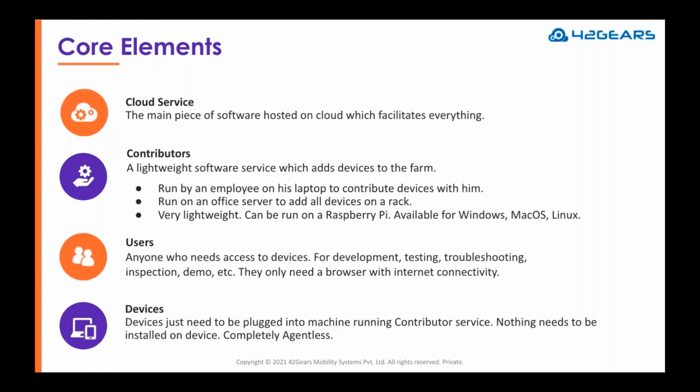Similarly, an employee can run this lightweight contributor service on their laptop, and then they can plug in one, two, or a number of devices to their laptop, and it gets added to the device farm automatically.